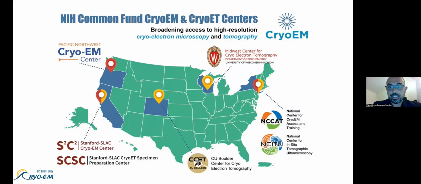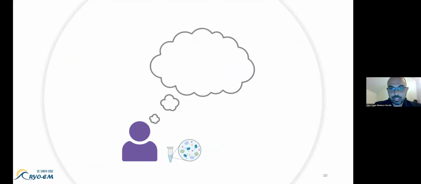So those centers are the majority of our usage at the moment. We screen, we do all the heavy lifting at UCSC, and then we spread out our data acquisition along those centers that we're going to highlight in a little bit.